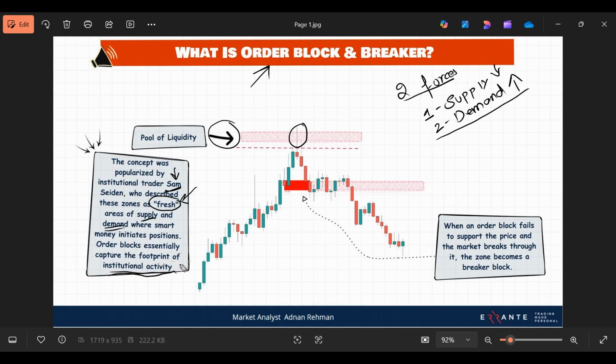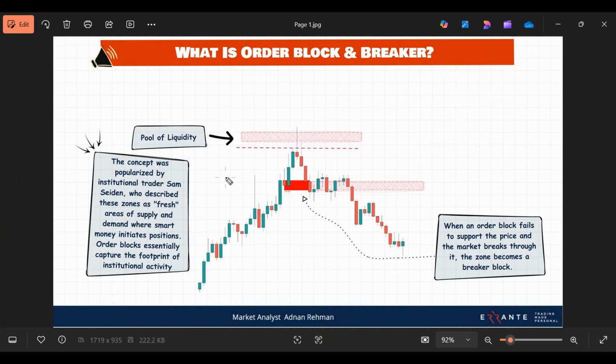So what do we do in forex trading or any type of trading? We obviously try to find the footprints of institutional trading, whether you are trading market profile, or you're trading VSA or price action, any type of strategy.